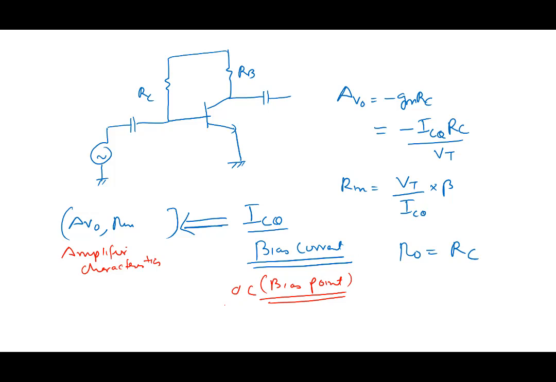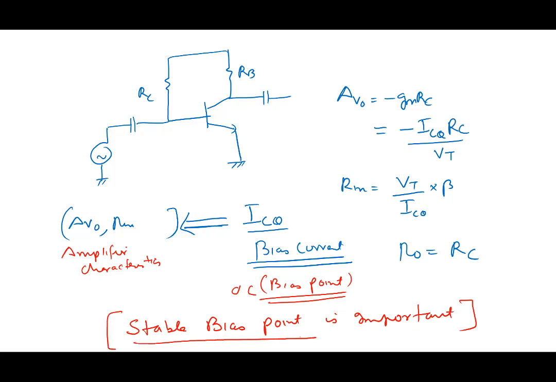Any change in bias point, what will it do? It will change the amplifier's characteristics. Any change in bias point will change the amplifier's characteristics. So this is obviously telling you that you want a stable bias point. Stable bias point is important.